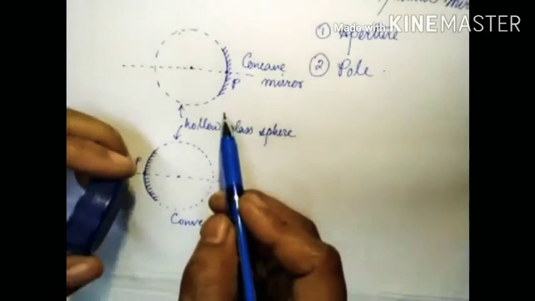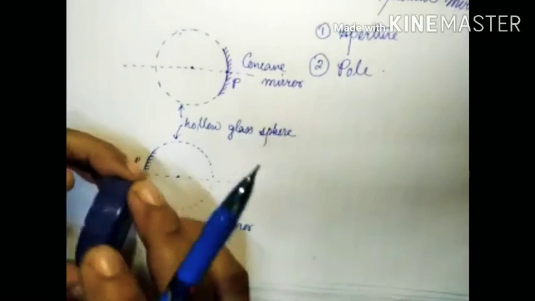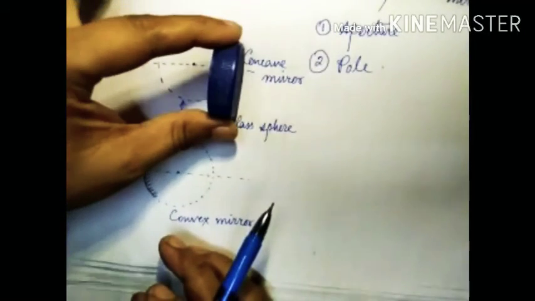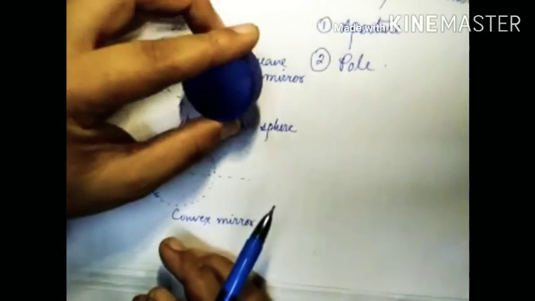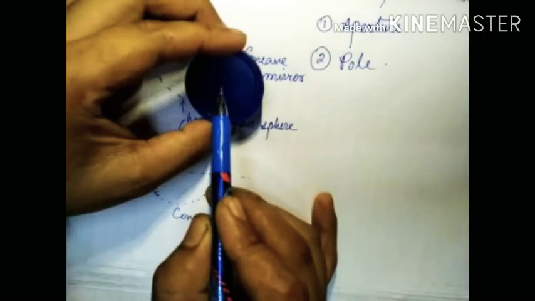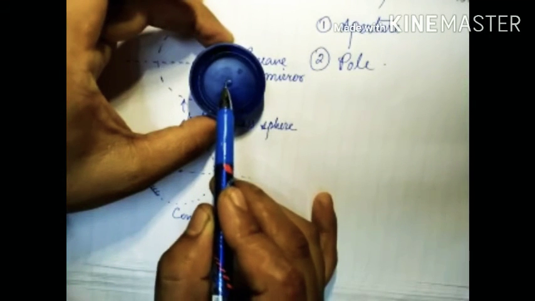Because here this is not the center. Actually here the concave mirror is like this. Now if you look from this angle, this is the center. So the pole is at this point. This is the center of the spherical mirror, and this point is called the pole of the mirror.